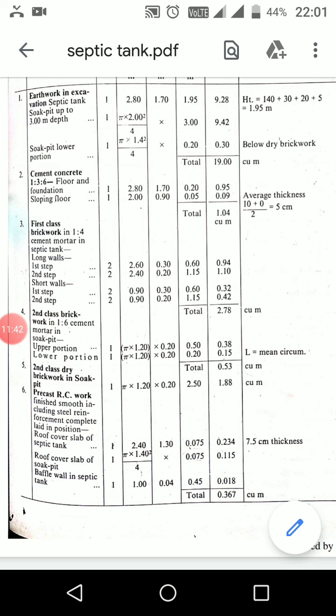So you have to consider the average thickness. So into in dimension it is 2 meters and 0.9 multiplied with the thickness you will get 0.09 cubic meter will be the sloping floor quantity. So total quantity for the cement concrete it is 1.04 cubic meters.